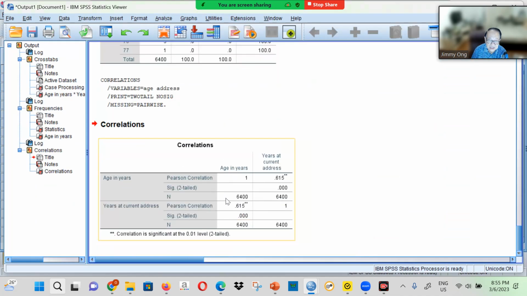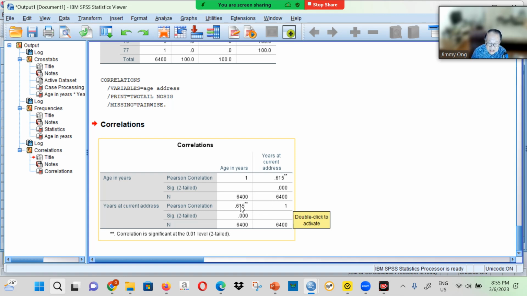So correlation, right? So here means what? When you put 1 here, right? Here means it's quite significant. But the correlation point here, this one must be less than 0.05. That means this one is considered significant.